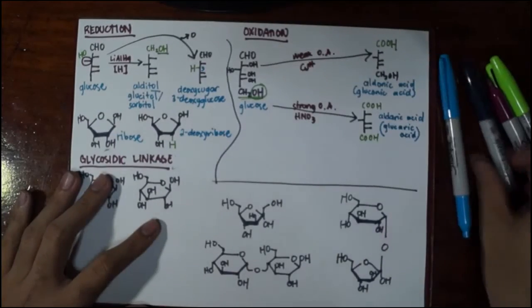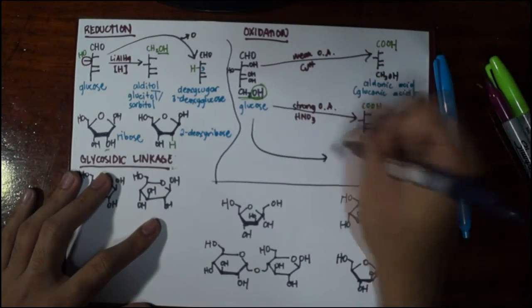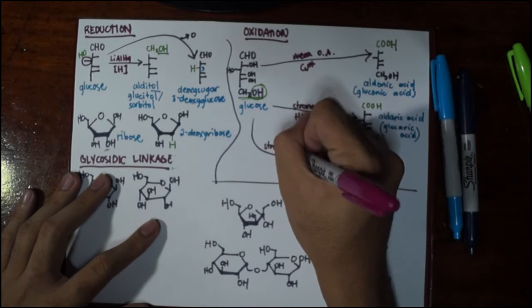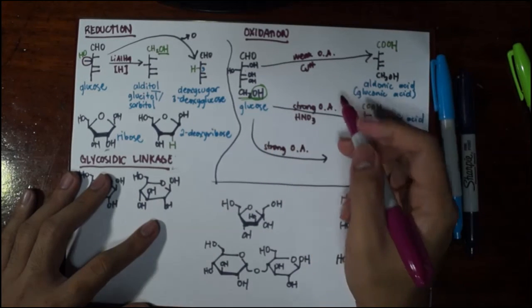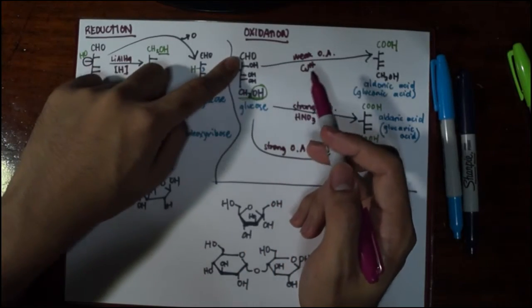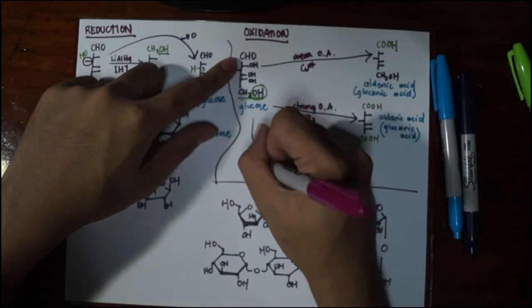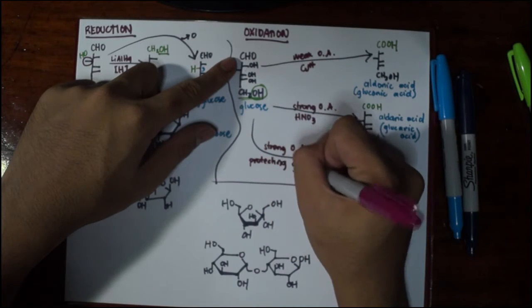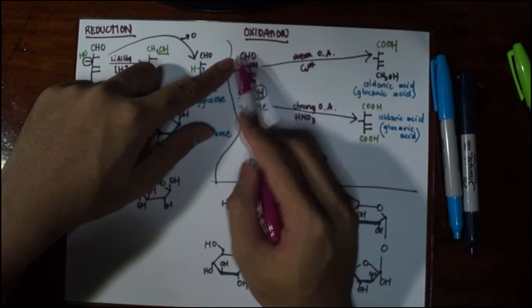Now, finally, you could also use a strong oxidizing agent again. But this time, there may be a case that you want to keep this from being oxidized. Alright? You use a protecting group to shield this formyl group.